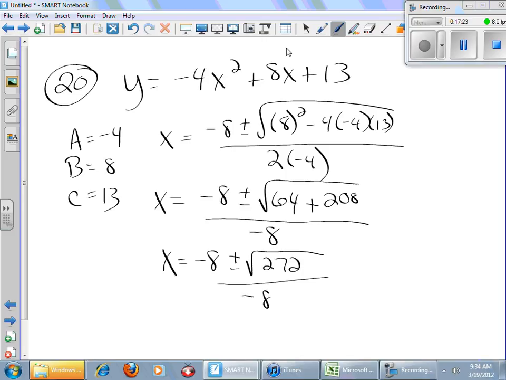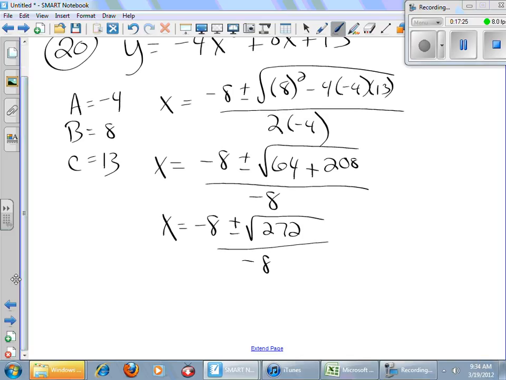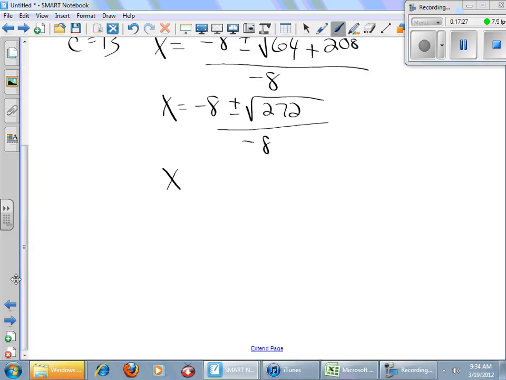Negative 8. And here I'm going to go to my calculator. And one of my zeros is going to occur at 16.49. And you know what? It's not really practical to graph 49, so I'm just going to go ahead and round to 16.5. I can graph that so much easier.